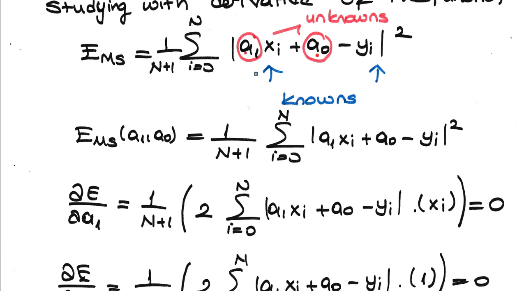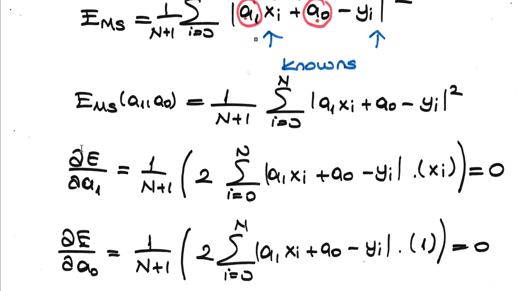Okay, so we will take the derivative of E, the error approximation, with respect to A1 and with respect to A0. These are important because we are considering them as the unknown variables in our problem.